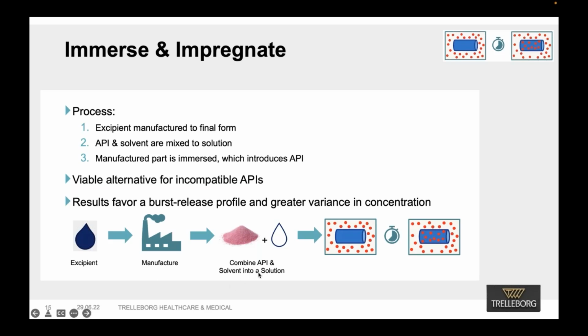Then we go into a process where that finished product is combined with a solution. So you're combining the pharmaceutical ingredient with a solvent and creating a solution. And then once that is done, you immerse the silicone sample or potentially another excipient material into that solution.